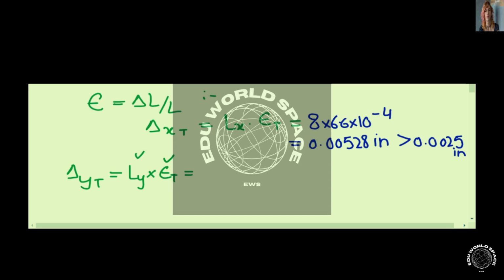So just plug them in and we'll get our answer. So it's 6 into 6.6 into 10 raised to power negative 4, right? And when you calculate it, you will get that it is equal to 0.00396 inch. Now again, this is greater than 0.0012 inch, right?